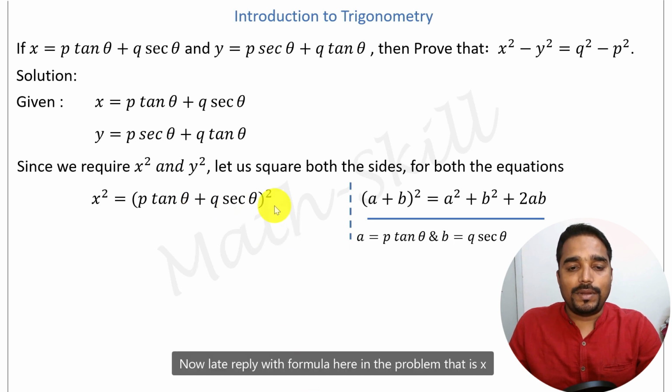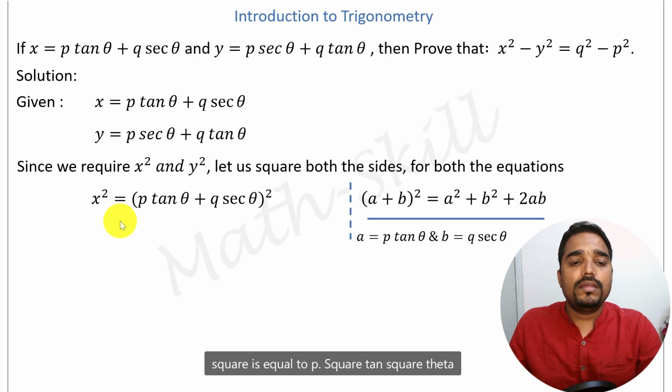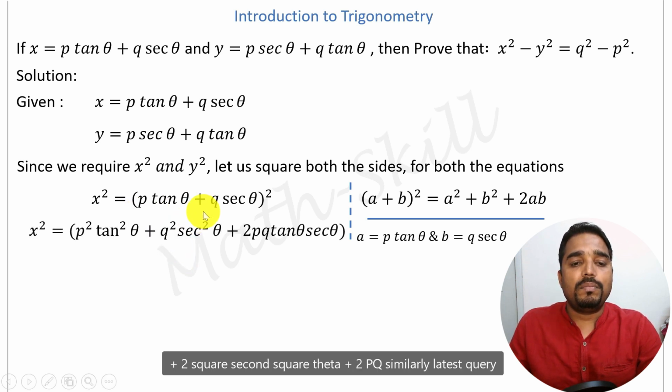Now let us apply the formula here in the problem, that is x square is equal to p square tan square theta plus q square secant square theta plus 2pq tan theta secant theta.